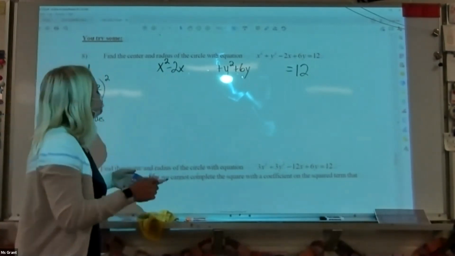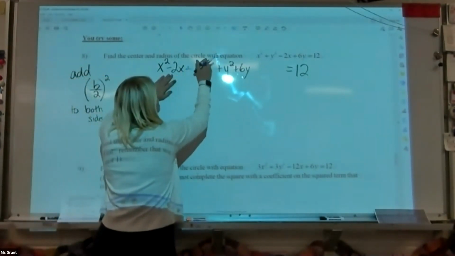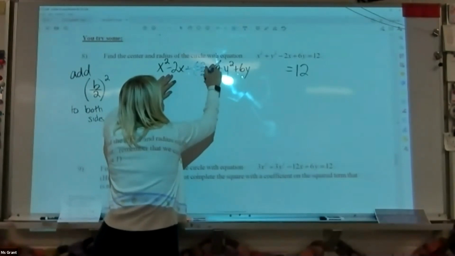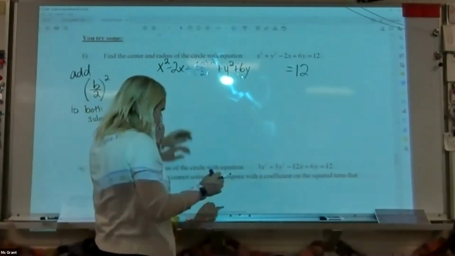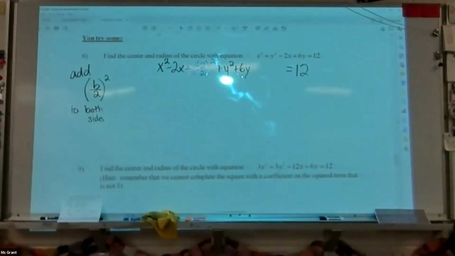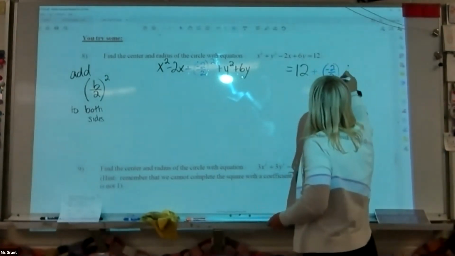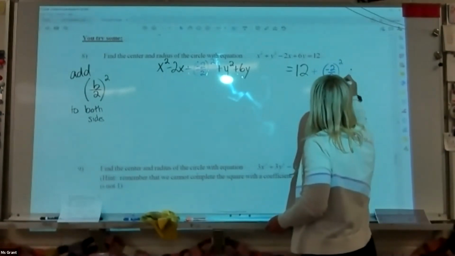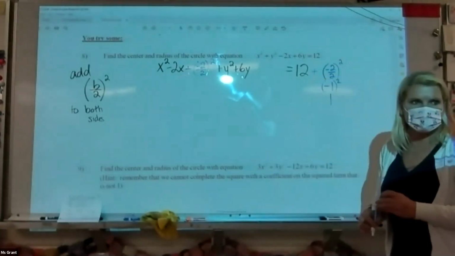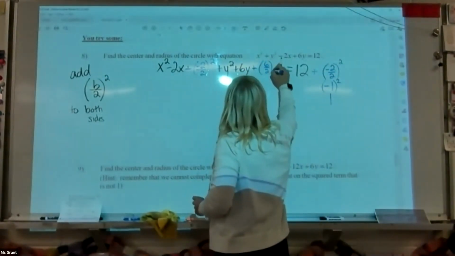I'll do it in blue. Negative 2 divided by 2 squared, and that actually doesn't even look good because it's fading. It's all faded. Let's see. Negative 2 divided by 2 squared, which is, isn't this negative 1 squared, which is 1, right? Then I add 6 divided by 2 squared.